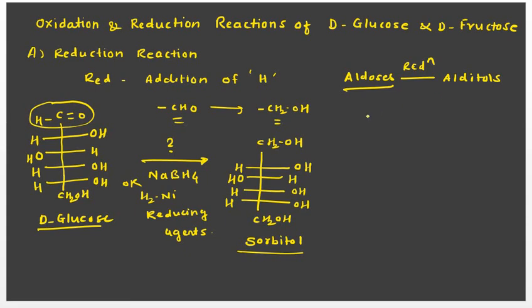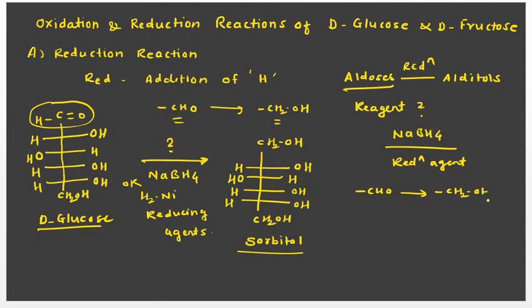Aldoses on reduction form alditols, remember. The reagent used for the reduction is sodium borohydride. It is a mild reducing agent, and it converts the free aldehyde group into the alcoholic group CH2OH.